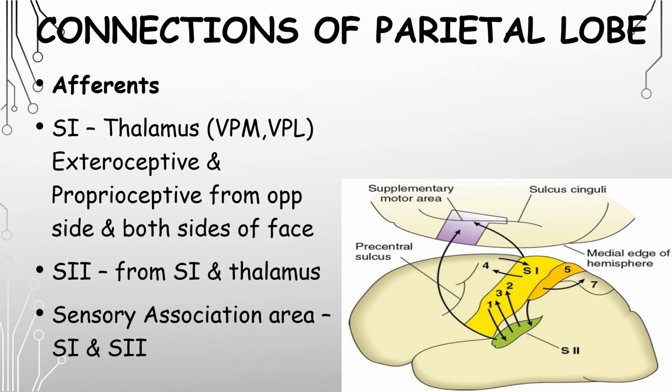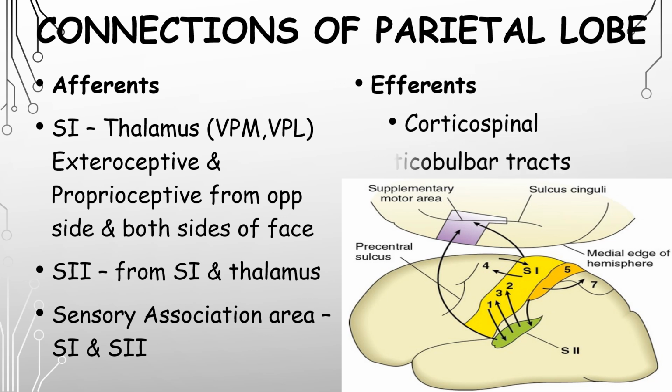The secondary somatosensory area receives afferents from the primary sensory area and also from the thalamus. The sensory association area receives signals from the primary and the secondary somatosensory areas.